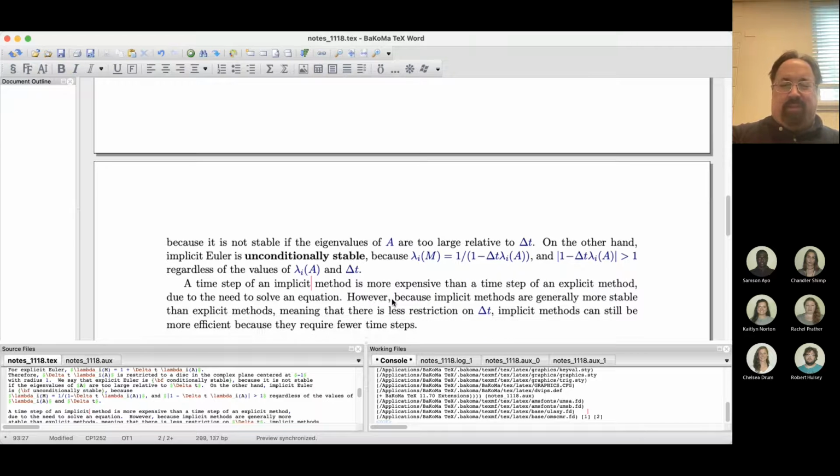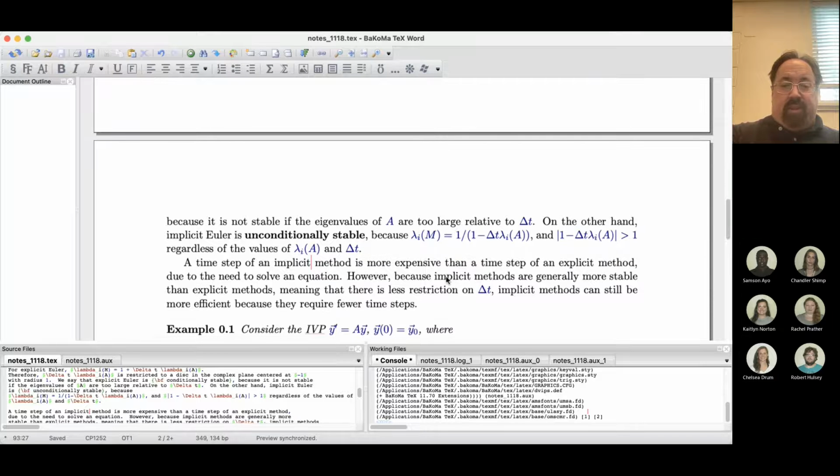So there's a trade-off. Even though each time step of an implicit method is more work, you're able to take fewer time steps because you can get away with a larger time step. And in many cases, if you consider the total amount of time to compute the solution, an implicit method will give you an advantage. So that's the key there, not just work per time step, but also how many of those steps you are taking.